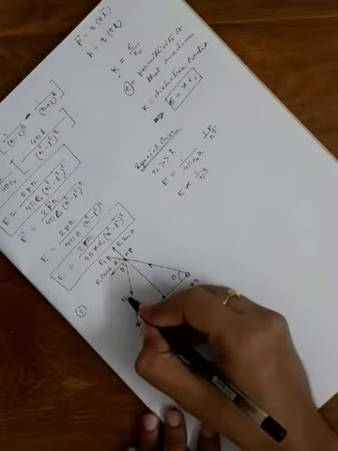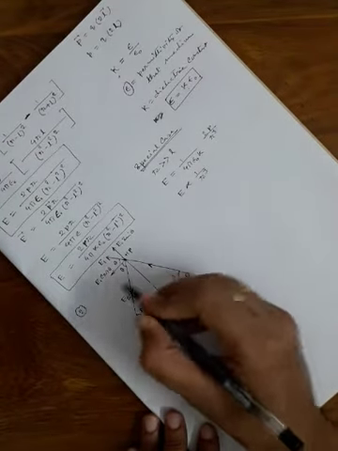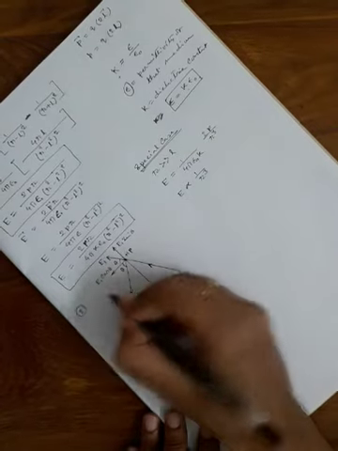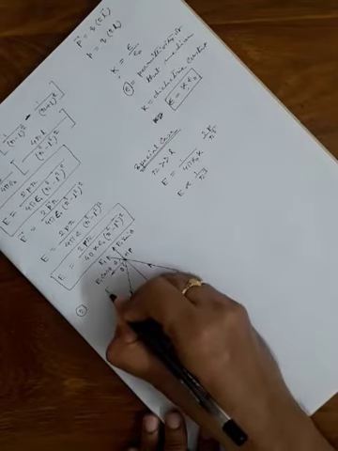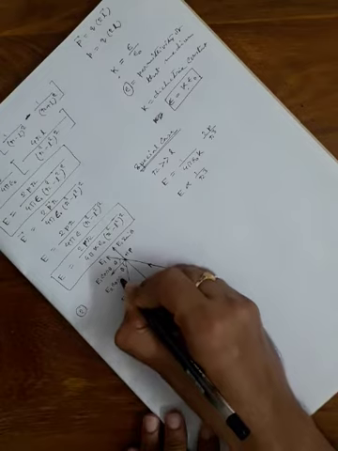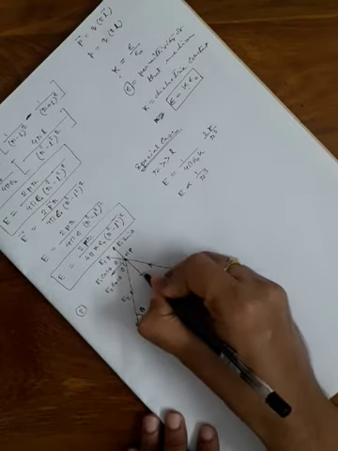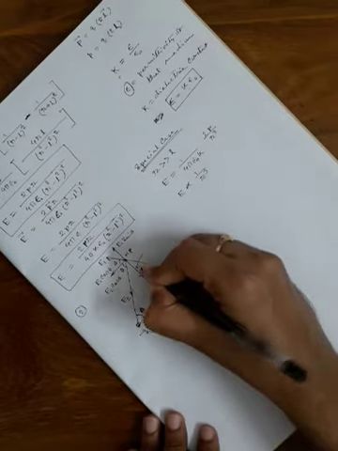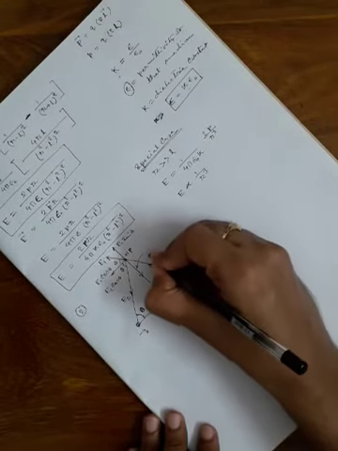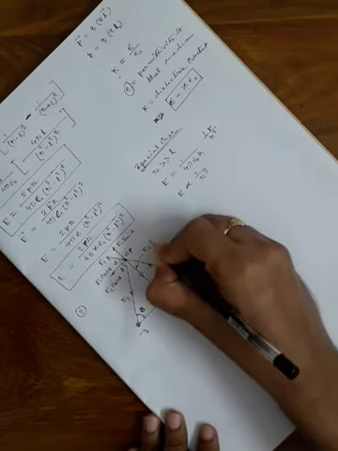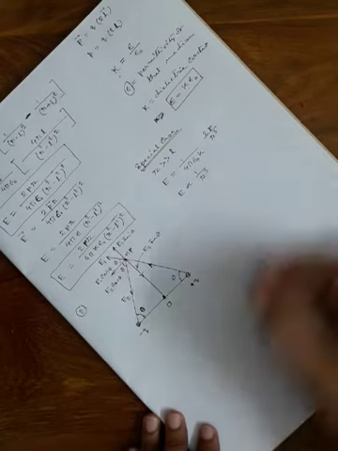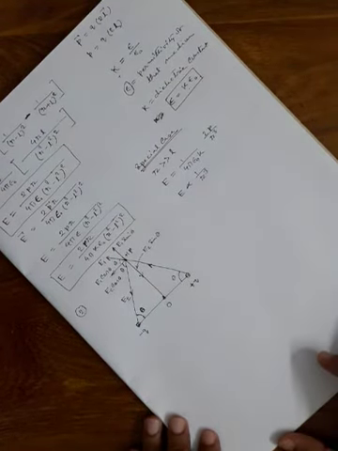Now, the component of E2 along this direction is E2 cos theta, and along this direction is E2 sin theta.